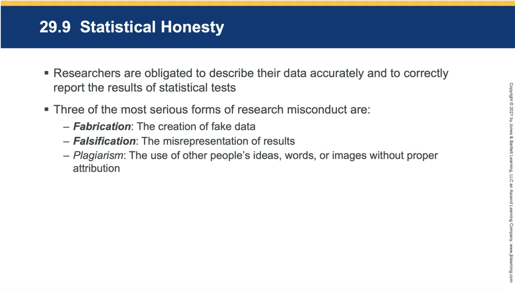Researchers are obligated to describe their data accurately and to correctly report the results of statistical tests. There is research misconduct, and three of the most serious forms are fabrication, which is the creation of fake data, falsification, which is the misrepresentation of results, and of course plagiarism, which is the use of other people's ideas, words, or images without proper attribution.